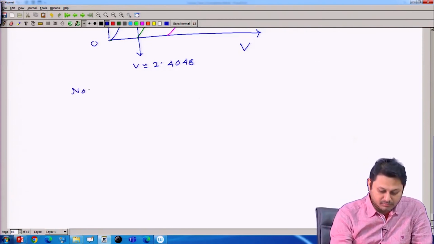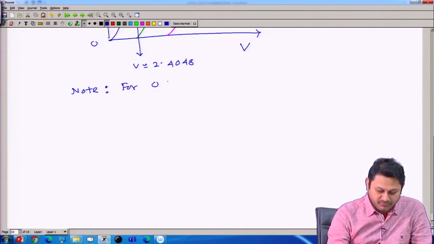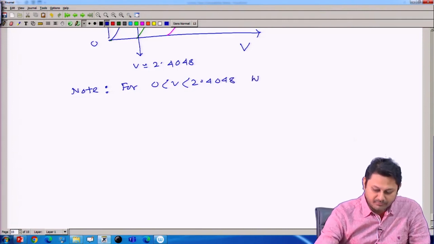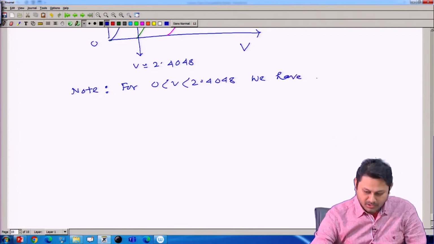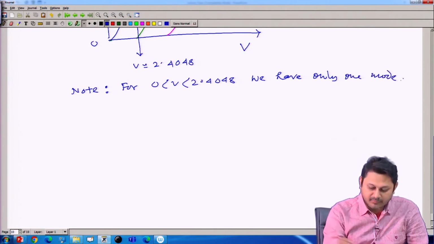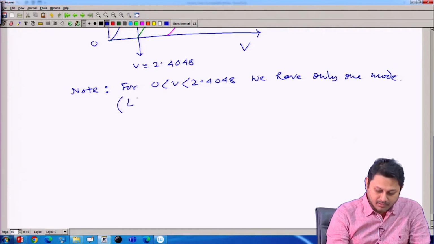Note, for V in between these values, we have only one mode, and this mode is LP01 mode.